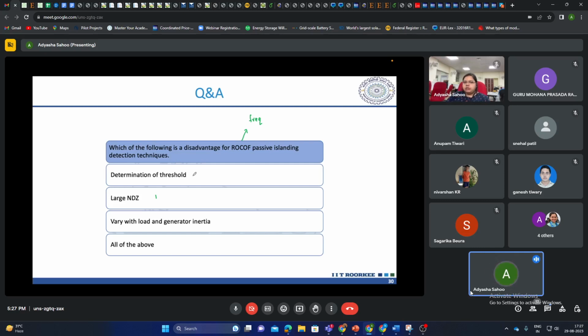Basically, for all the passive islanding detection techniques, both of these are a disadvantage because, as you may recall, for the passive islanding technique, we were continuously monitoring certain parameters, let's say voltage, phase angle, frequency, or something, and then comparing it with a threshold.